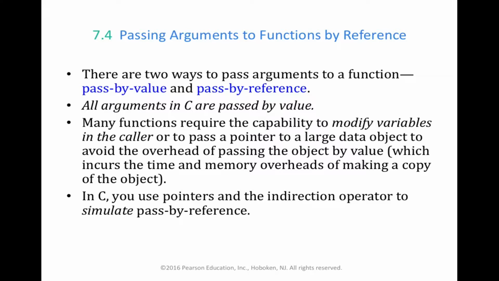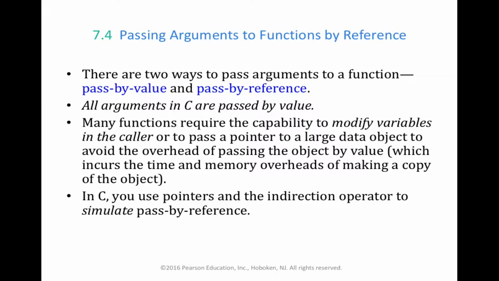There are two different ways to pass an argument to a function. We can pass by value or pass by reference. Normally, all arguments are passed by value. However, sometimes functions require the capability to modify variables in the caller, or to pass a pointer to a large data object to avoid the overhead of passing the object by value.